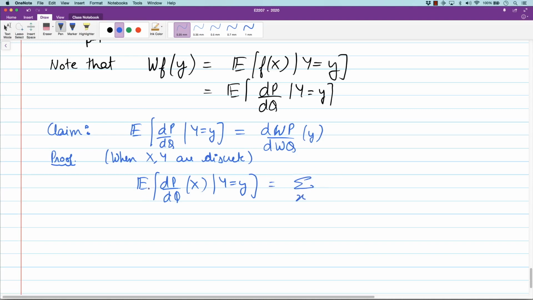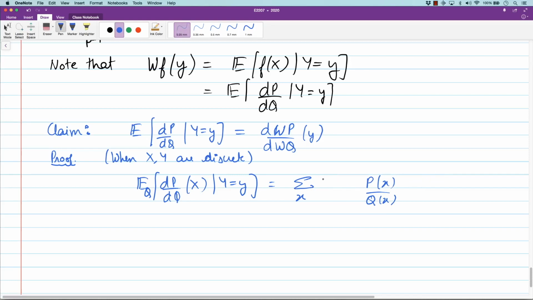By the way, this expectation is with respect to Q, qx. This ratio is px by qx, so the density is just px by qx. And you want to look at the probability of x given y.